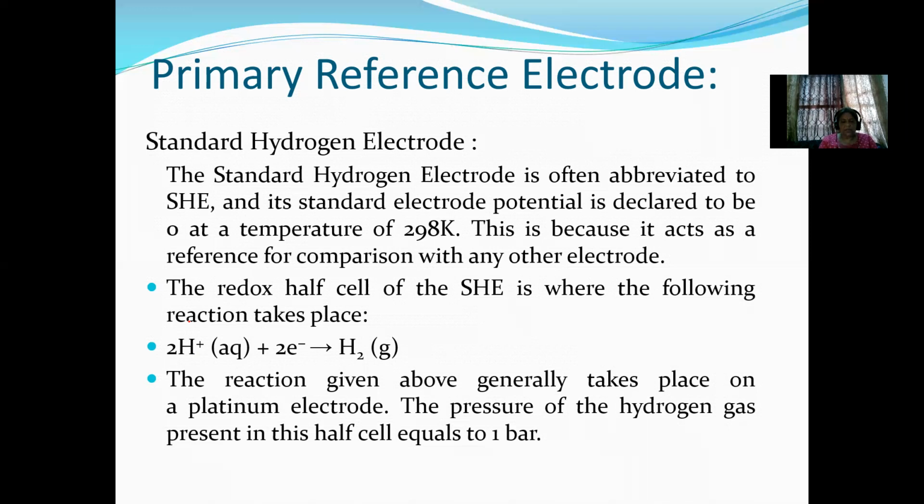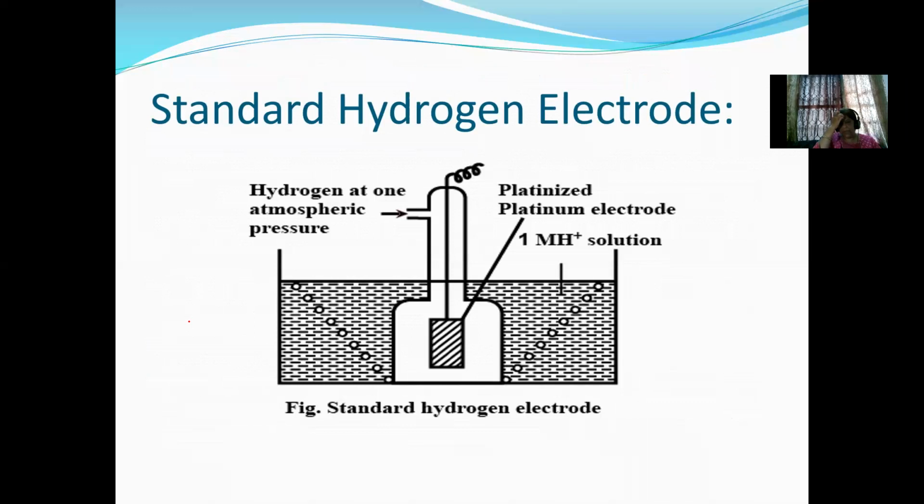What is the reaction taking place at the standard hydrogen electrode? The construction is like this: you need an inverted jar with a vent for the passing of hydrogen gas, and a platinum electrode covered with finely divided platinum black, which is why it is called a platinized platinum electrode.